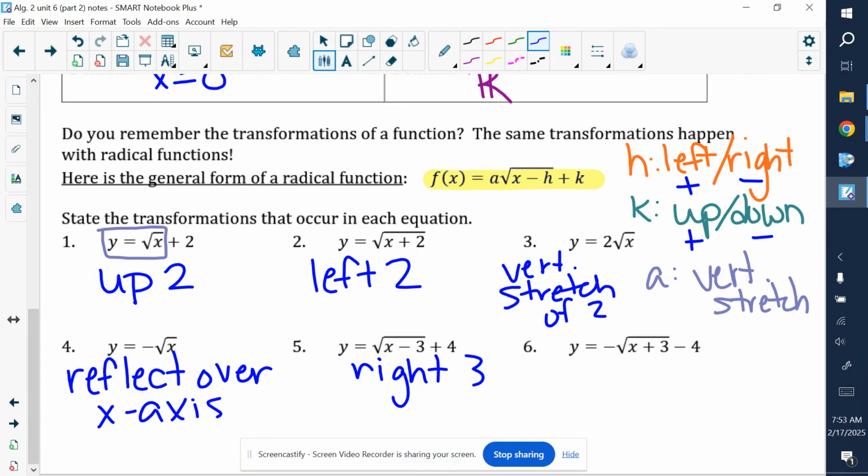The plus 4 means we are going to go 4 up. Number 6, the x plus 3 under the radical means we are going to go left 3, the minus 4 behind it, down 4, and the negative out in front is a reflection over the x-axis.